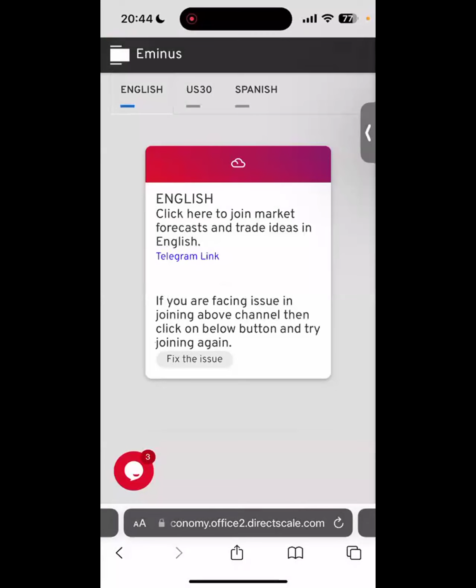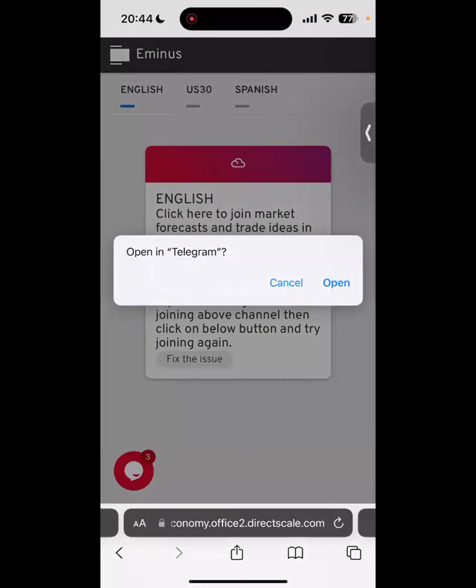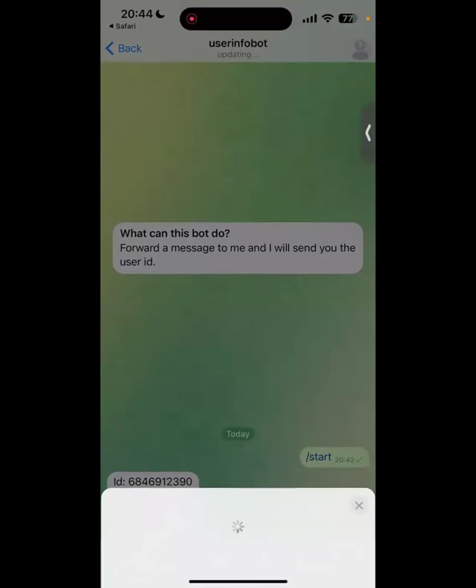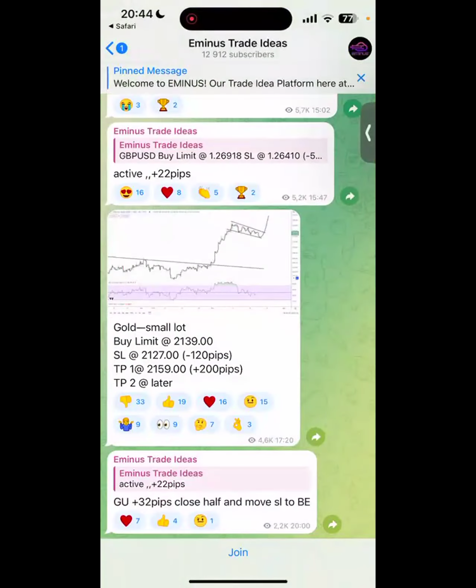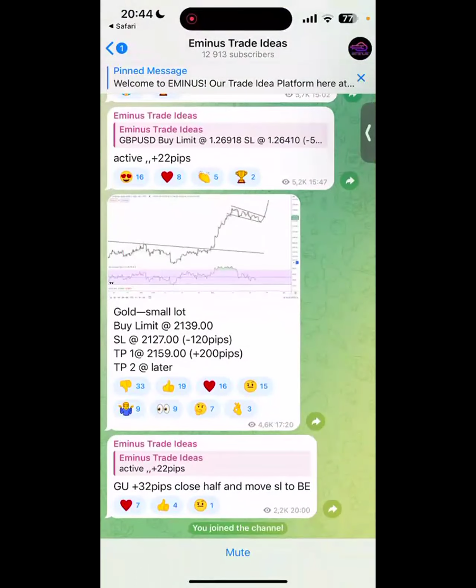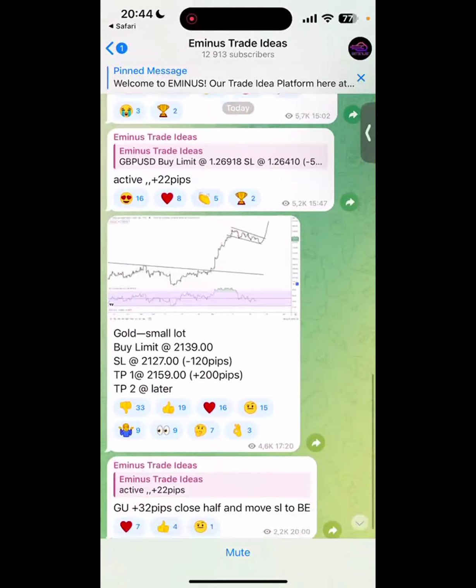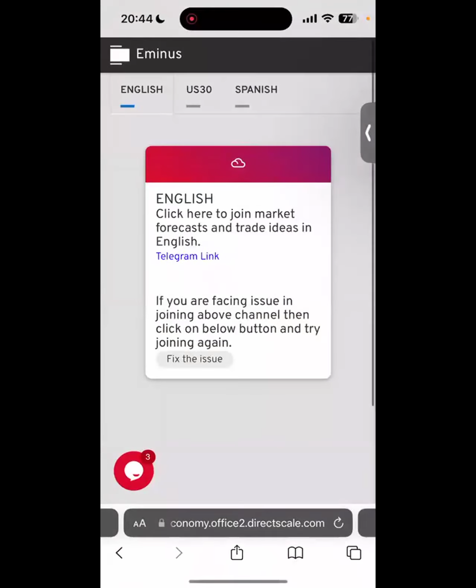Do you see? So you always want to make sure that you're on track. Okay, so click the Telegram link. Open. Okay, join. Okay, so go back. US 30. Click the Telegram link.